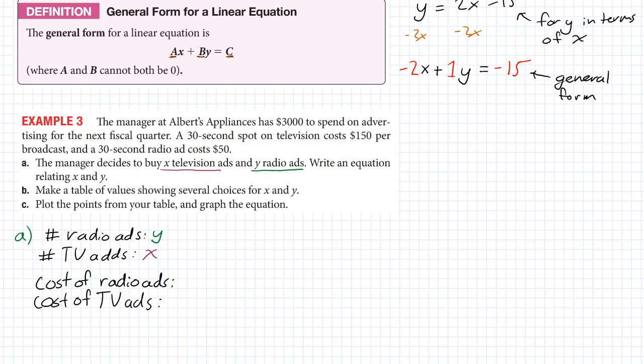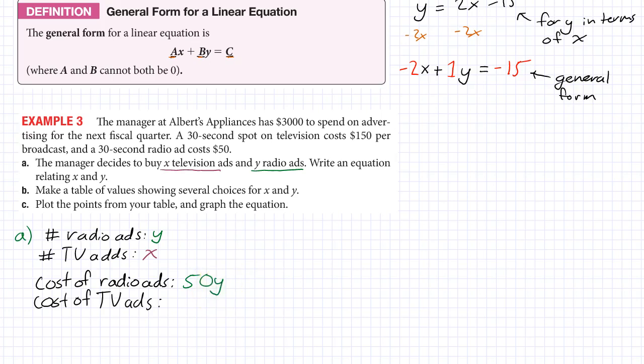So what is the cost of all of the radio ads if they cost $50 each, and you're getting y of them? That's going to be $50 per ad multiplied by the number of ads. That's going to be 50 times y.